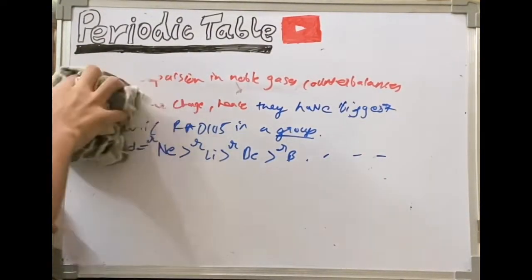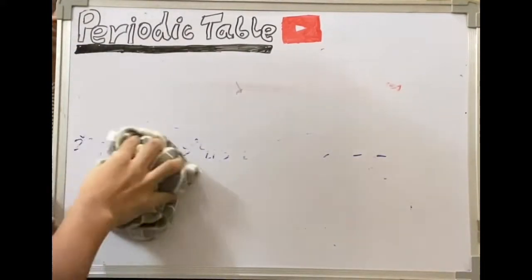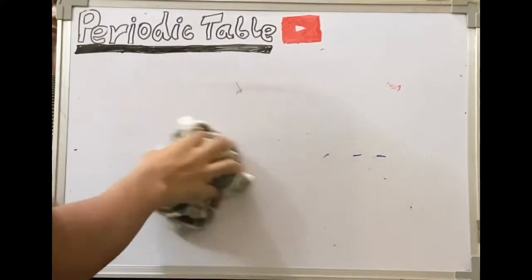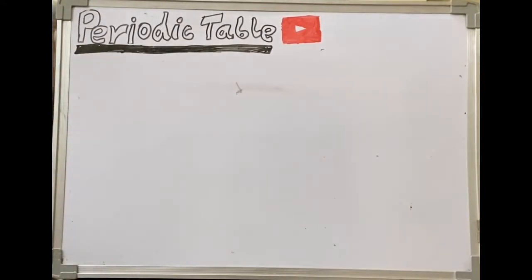Now we'll study the radius of different elements and in different bonds, you can say, rather. So the atomic radius can be calculated by 4 ways, and these are covalent radius, ionic radius, metallic radius, and van der Waals radius.